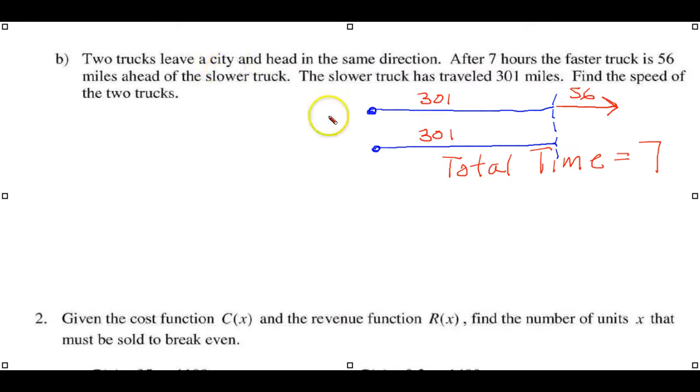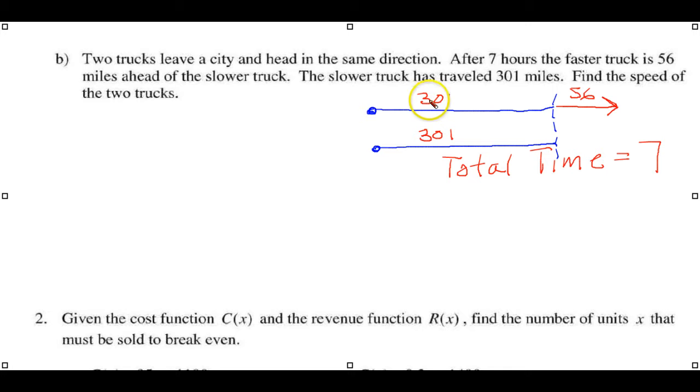Let's go on. Now, as we read this, let's see if we can put what's here into some sort of diagram. We have two trucks heading in the same direction. The slower truck has traveled 301 miles.